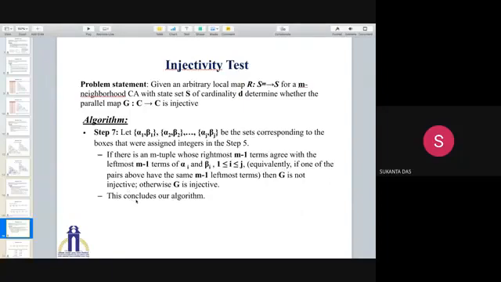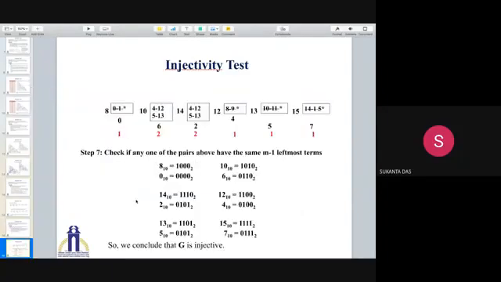Otherwise, G is injective. So in the example we have taken here, G is injective, the CA is injective. That concludes the algorithm. So G is injective here.